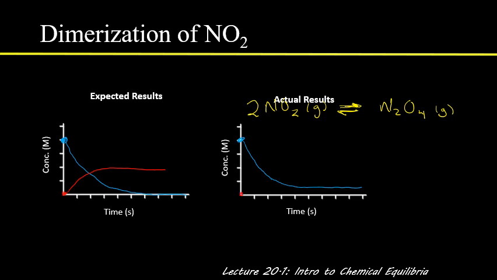Concentration of N2O4 increasing, but not quite double the initial concentration of NO2. And after some point, the concentrations remain constant, and at that point we say that equilibrium is established.